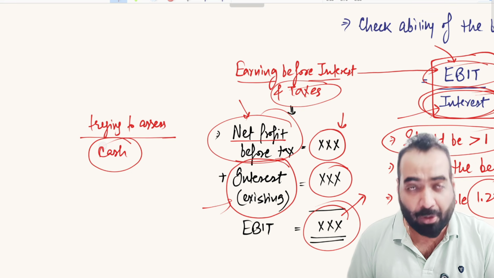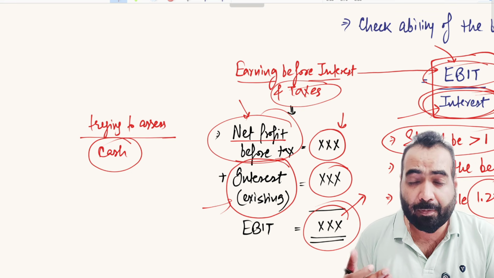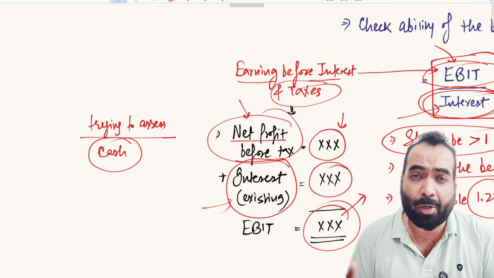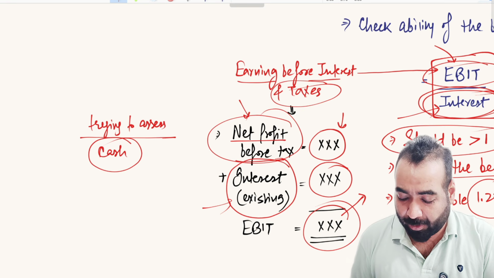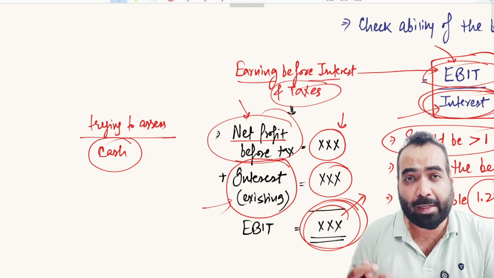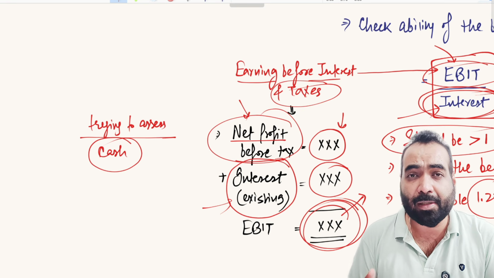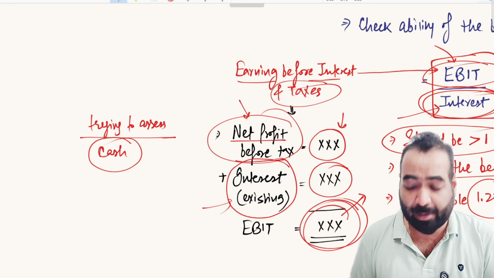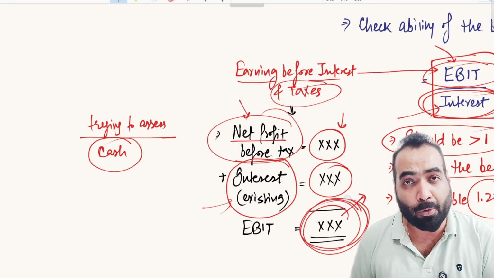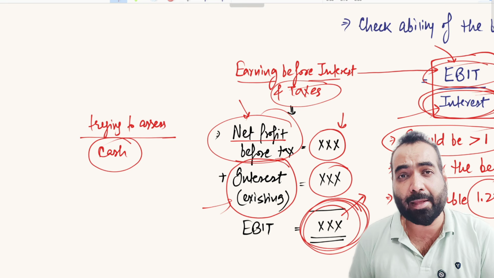These non-cash expenses should ideally be added back here, because we want to see how much cash the entity is generating which can be used to repay the interest. The non-cash expenses are of no use practically, so we should add them back.